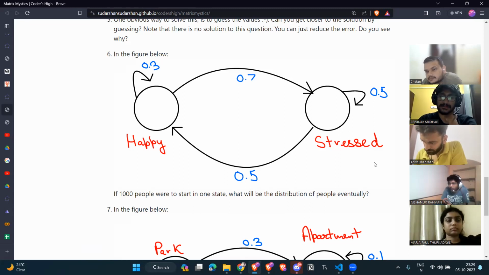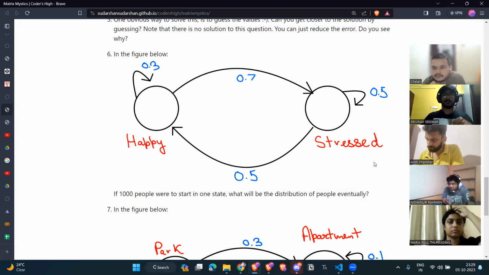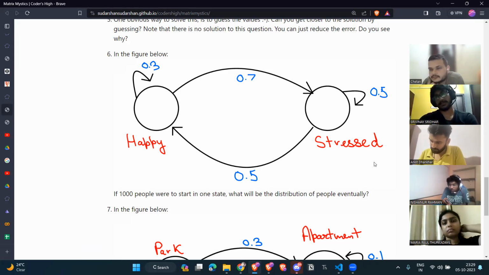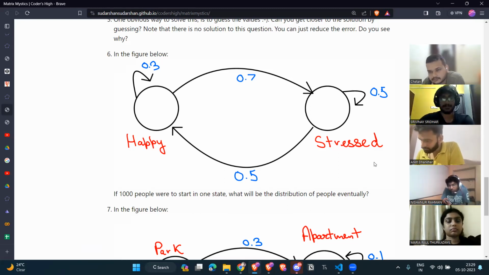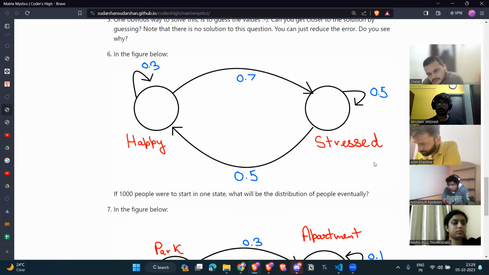And what happens with the stressed people is that 50% of them remain stressed, and 50% of them become happy again. So 50% of 70 is 35, plus 30, that is 65 are happy now. And from that 65, again 70% would become stressed. Not 65, it will change.